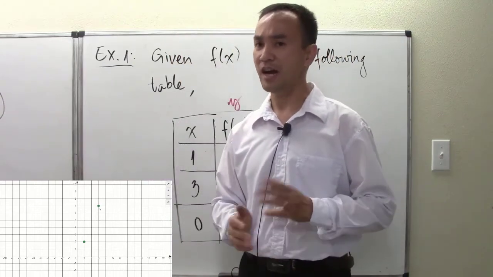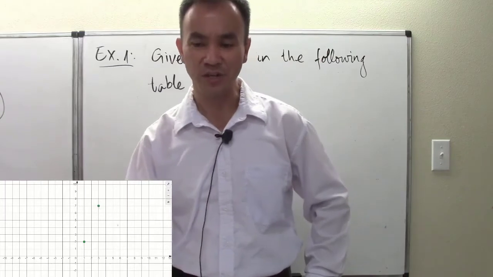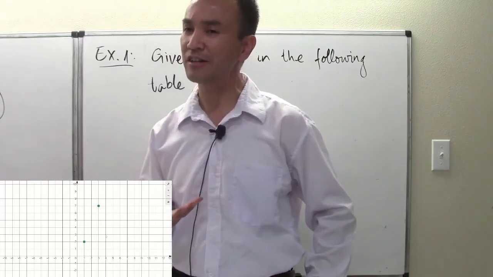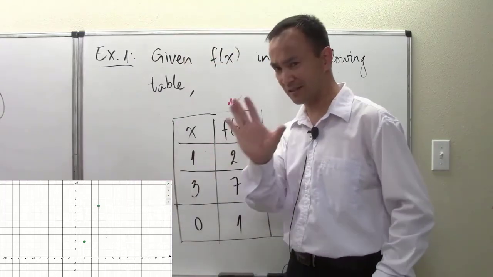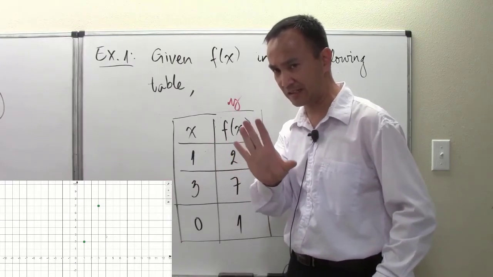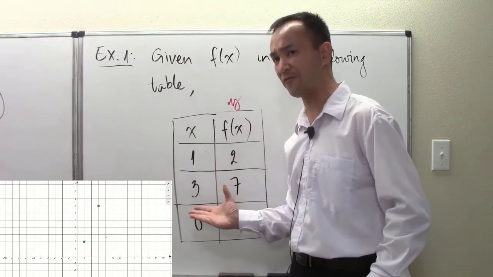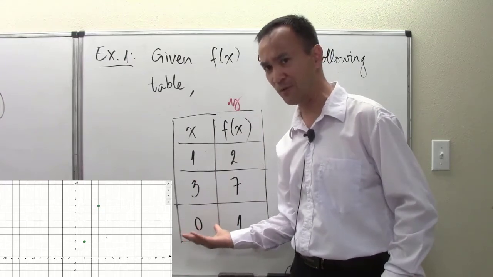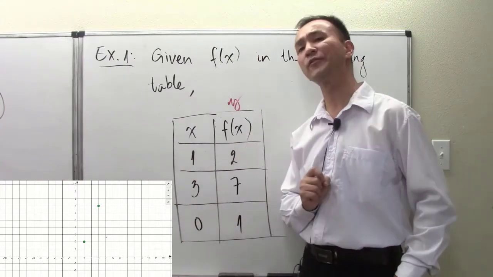Back to what I was saying earlier: this graph is the graphical transformation of the table. This table was transformed into the graph.